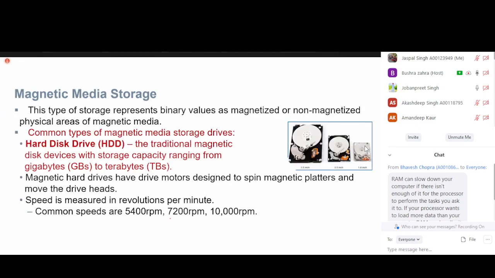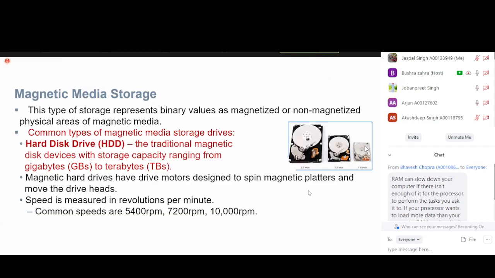So, magnetic type of hard drive. Do you have an SSD or a magnetic hard drive? Both, ma'am. Really? In one system? Yes, ma'am. You install both? Everybody has both versions? Yes, ma'am.